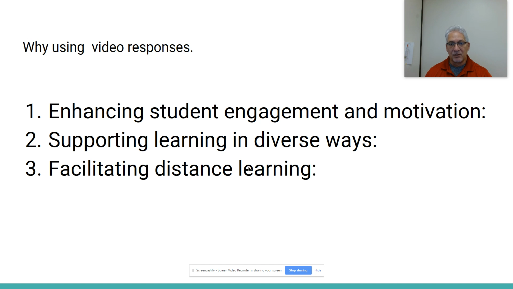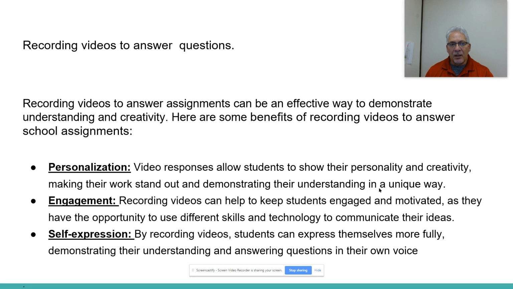Also the motivation, because that will give them more incentive to participate in the online discussion, particularly at the beginning of the semester when they can see each other's answers. Also, some students are better at expressing orally than others, so that supports diverse ways to answer, and also facilitates distance learning.